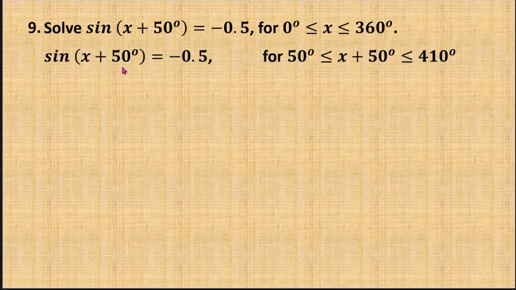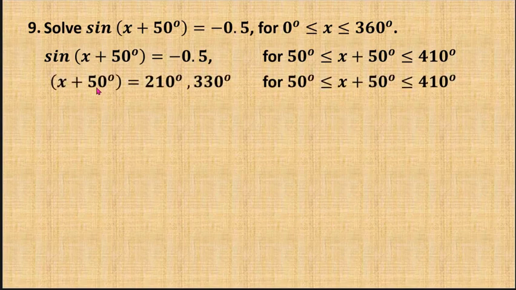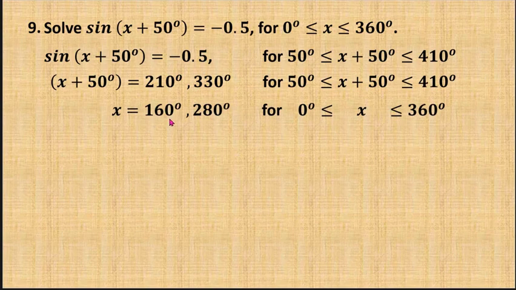So now I'm going to list down all the values of x plus 50, which is 210 and 330 in the range from 50 to 410. Then, in order to find the values of x, all the values here must be minus 50, which is equal to 160 and 280, such that x is in the range from 0 to 360.